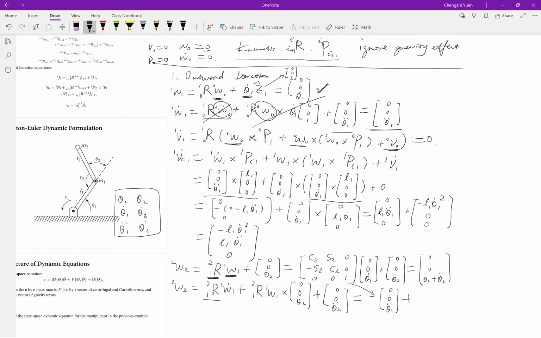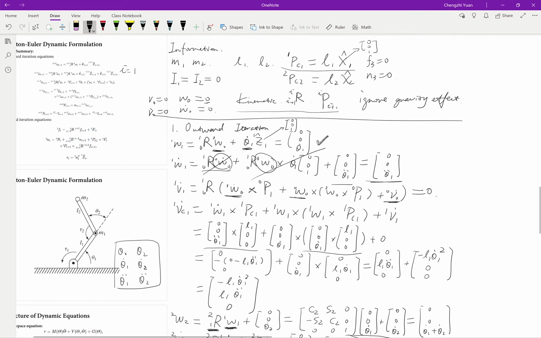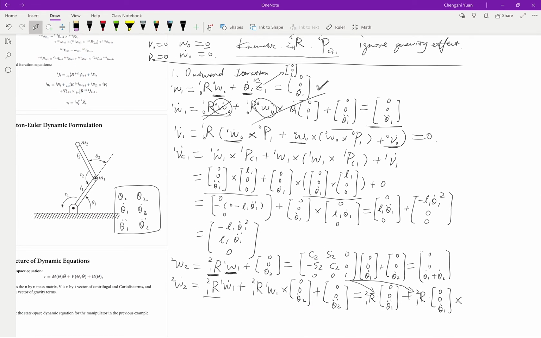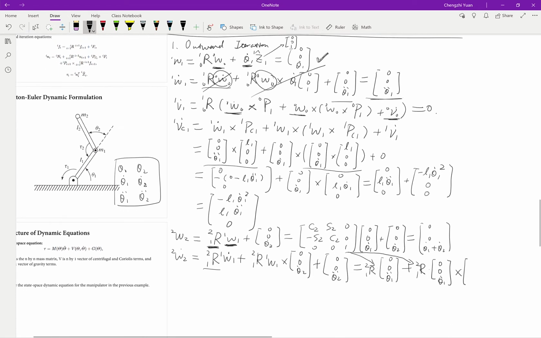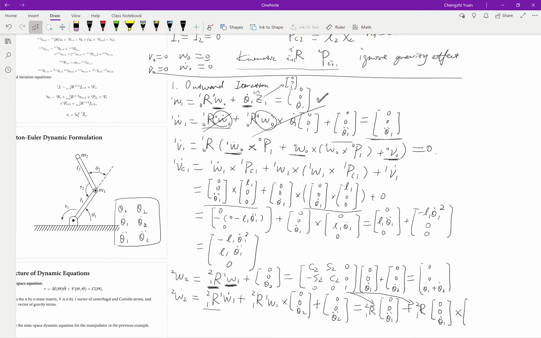And then plus R21, the same matrix, times omega 1, which is 0 0 theta 1 dot, cross product with 0 0 theta 2 dot, and then plus 0 0 theta 2 double dot.